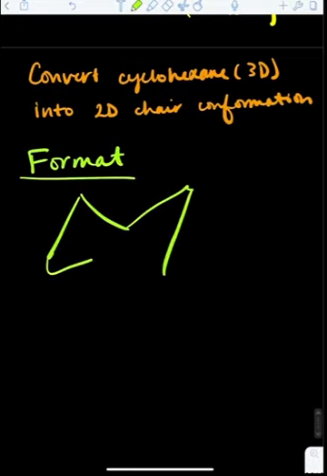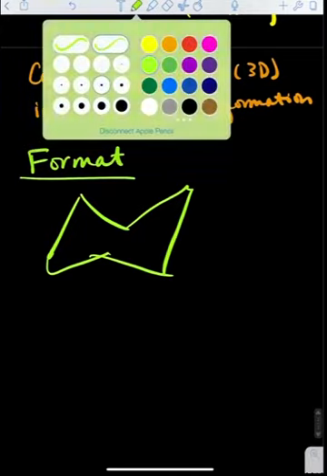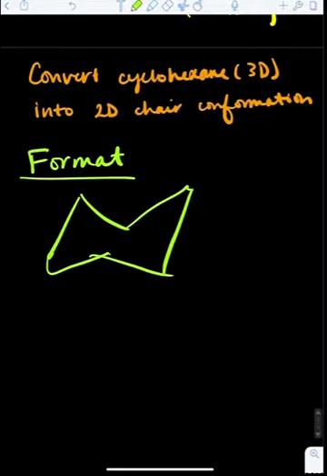So this is what a chair conformation looks like. Just kind of like a bow tie, but tilted to the side a little. And this is kind of just preference, how you want to number the carbons in your chair conformation. I always start right here in the top right and go this way.